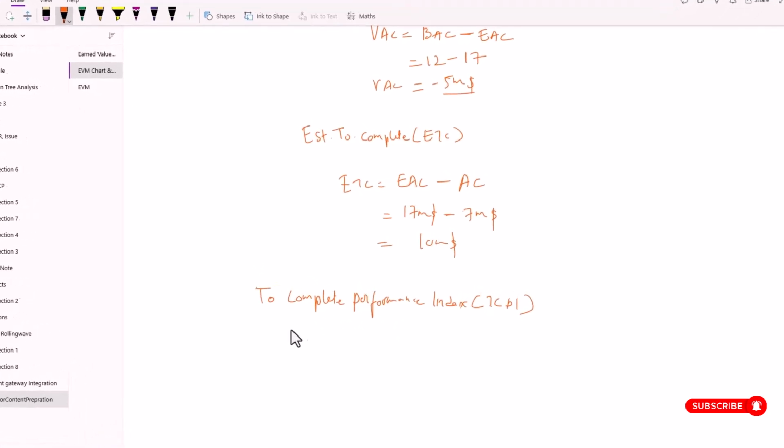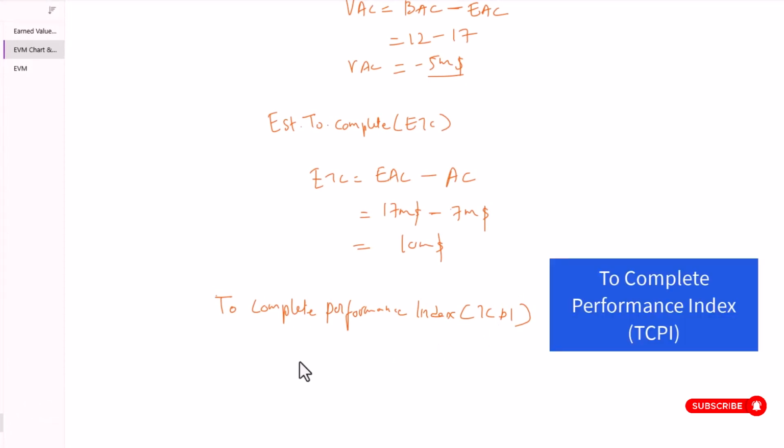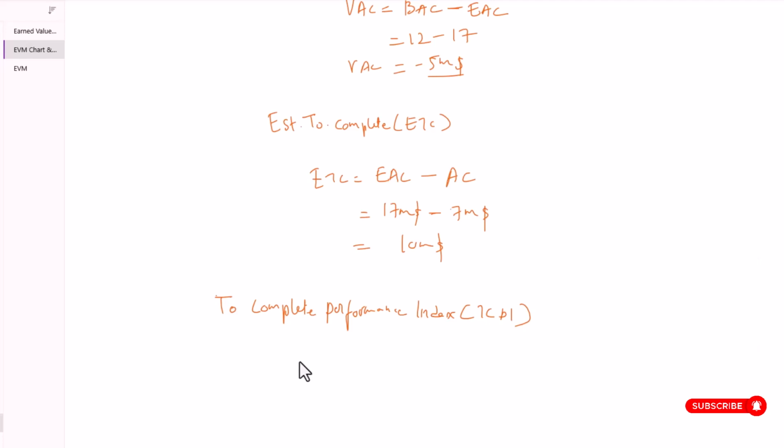Alright, so now let's talk about TCPI, otherwise called To Complete Performance Index. Again, this is a forecast metric we use in earned value management to find out how we need to operate in the future, or how the future is going to be.